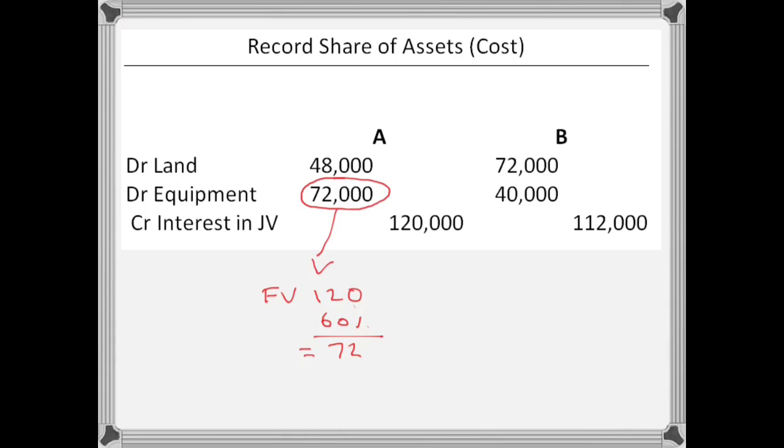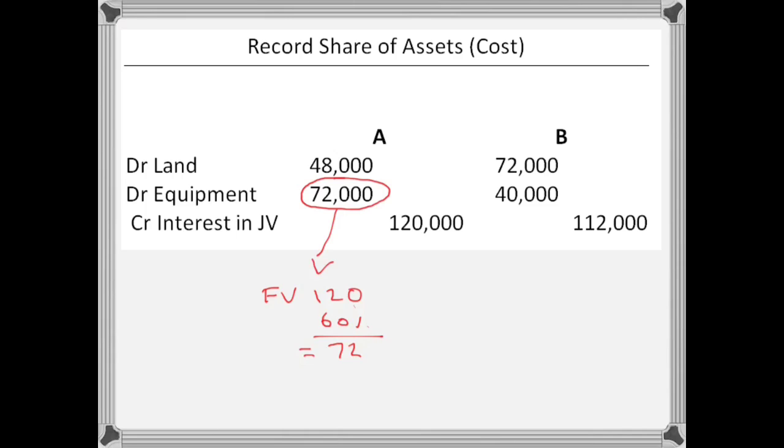It uses the fair value because even though it's recording things at cost, it doesn't know the cost of the equipment. All that A sees is the equipment worth $120,000. So you use the fair value in that case because that's all it can see.